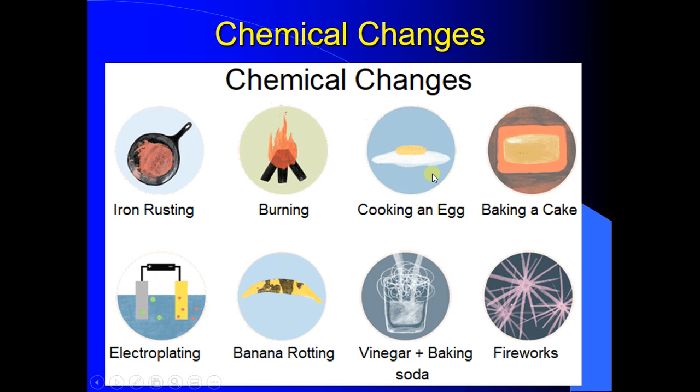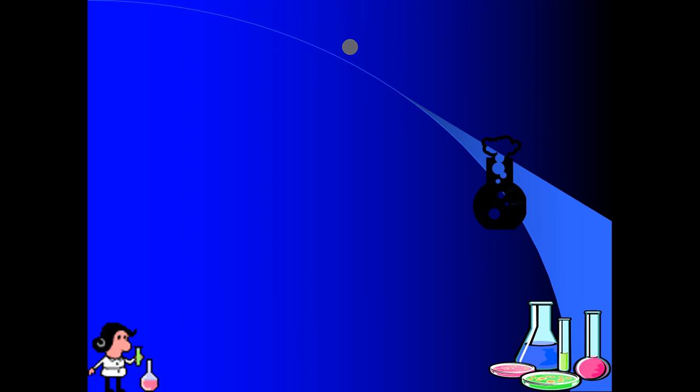Any type of cooking or baking is a chemical change because the substances, the dough has flour in it, but the flour and the eggs and the salt and the baking soda, they're all changing into new substances because of the heat. Banana rotting, vinegar and baking soda, like I mentioned, fireworks, all examples of chemical changes happening, all right? A chemical change.